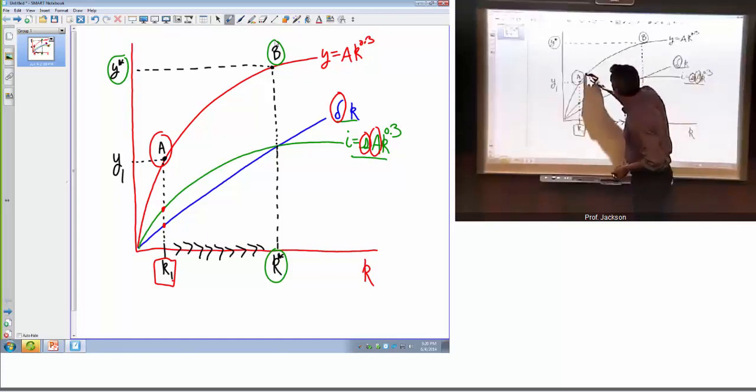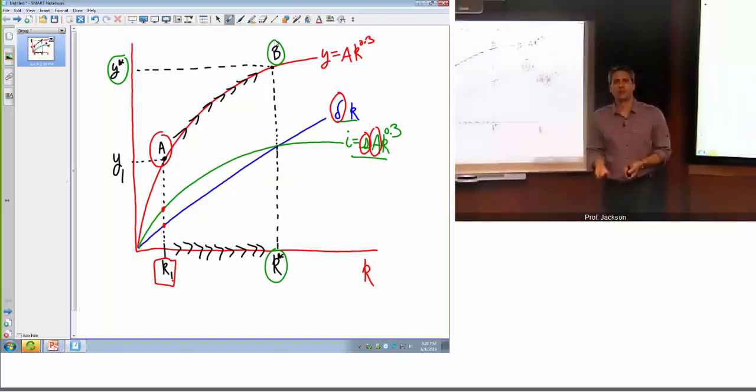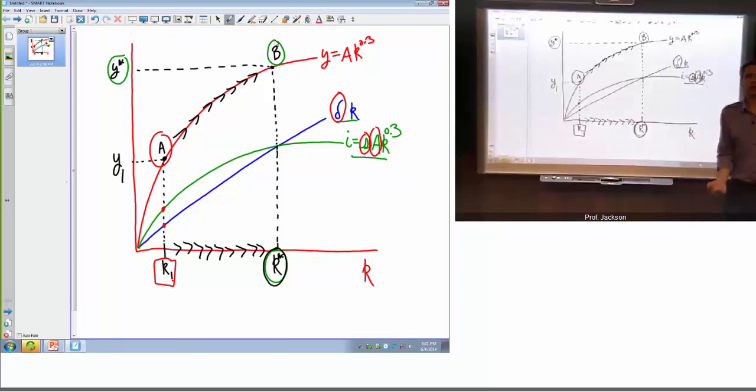And as it does that, you can see that not only the capital stock, but the amount of output per worker is going to rise over time. So hence you have growth in output per worker. You have an increased standard of living. But like we've just talked about, once country A gets to this K-star level, they're just going to stop there.